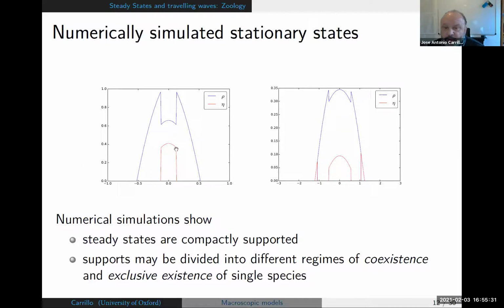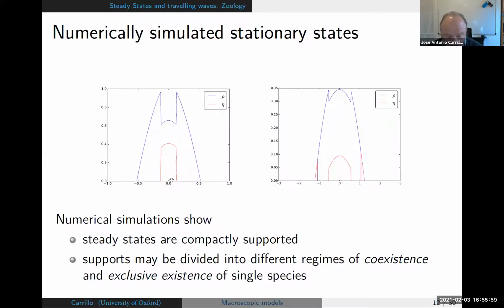So you have a jump discontinuity at the boundary. The interesting thing about this is that you can get precisely steady states of this type, in which you have one species engulfing the other completely, with these sharp interfaces.